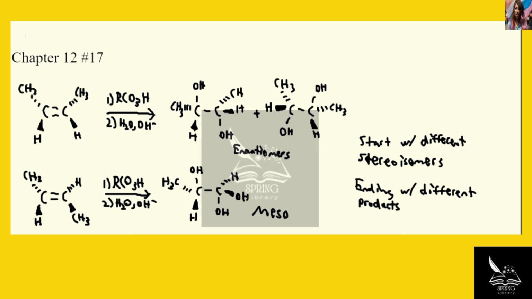And they're not. A particular stereoisomer of a starting material gets us a particular product or set of products, whereas the other stereoisomer gets us a different set of products. And so that proves that this reaction is stereoselective. And that's the answer to chapter 12, problem number 17.